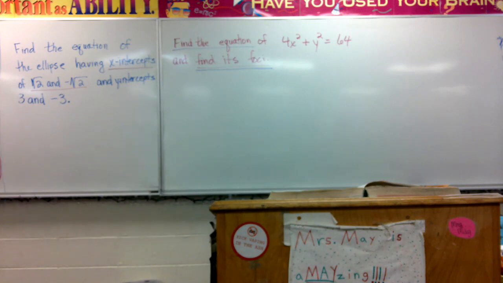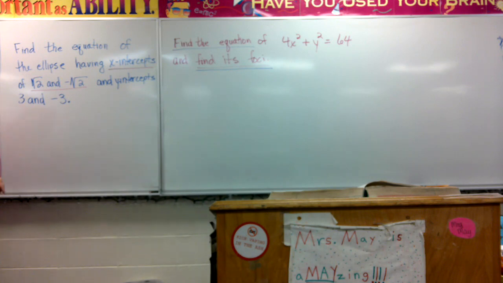When you write the equation for an ellipse, the x and the y stay in the equation. The only thing you need are this a squared and b squared. The x squared and the y squared equals 1. That stays in the equation.